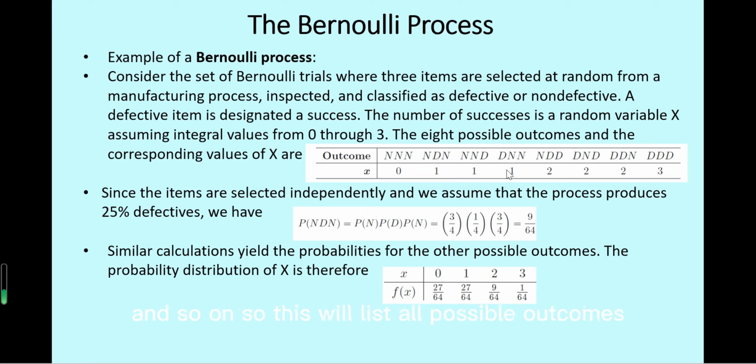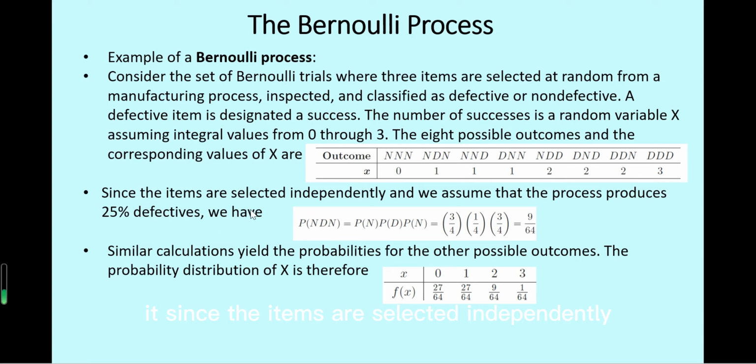So this will list all the possible outcomes of all 3 trials. Then here X means the number of successes. So here the success is a defective. So we just count how many defectives are in each result. Clear, right? So this is the random variable X.